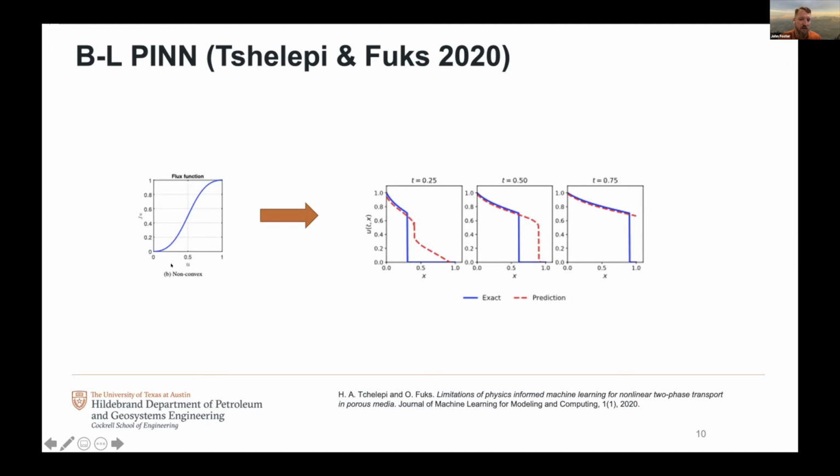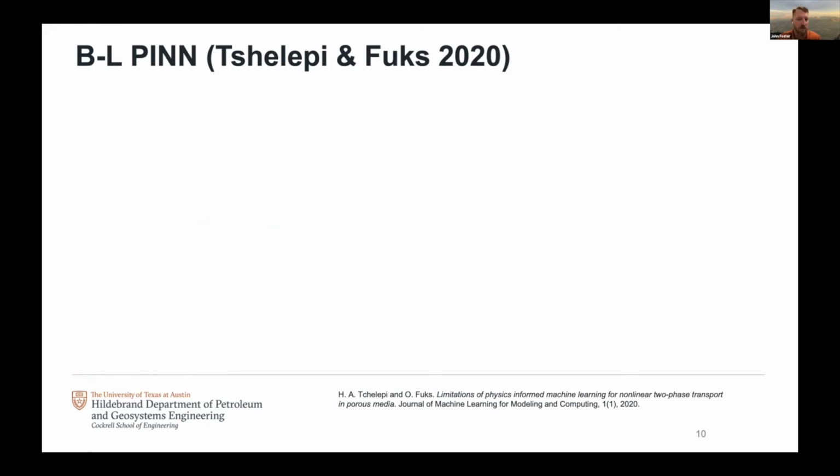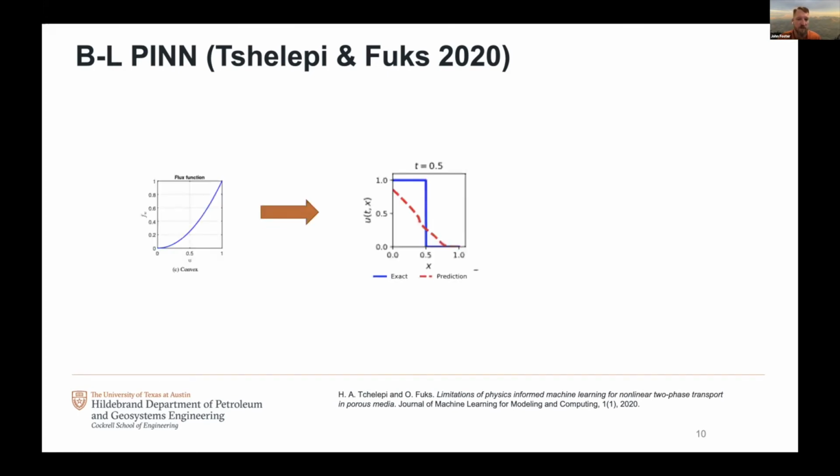They're always non-convex like this. And then all of a sudden you start to see problems with the neural network solutions, and they weren't performing well. They also looked at convex, where you just get a step change and a discontinuity that propagates through the solution. And again, the physics-informed neural network did not perform well.